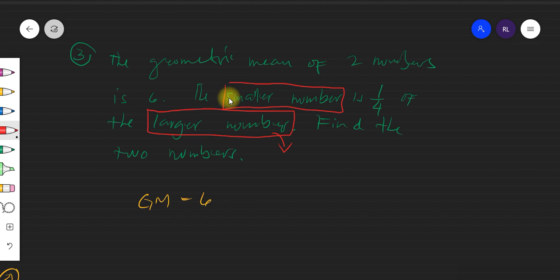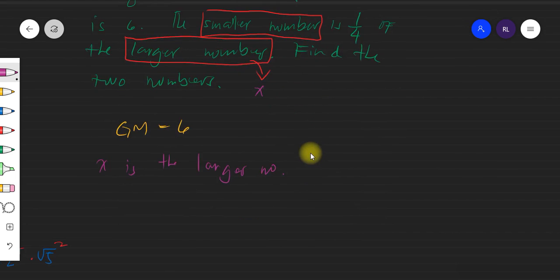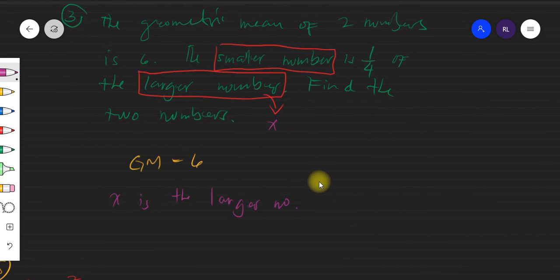So we will let our larger number be x. If this is x, then the smaller number is 1/4 of x, because the larger number is already x.